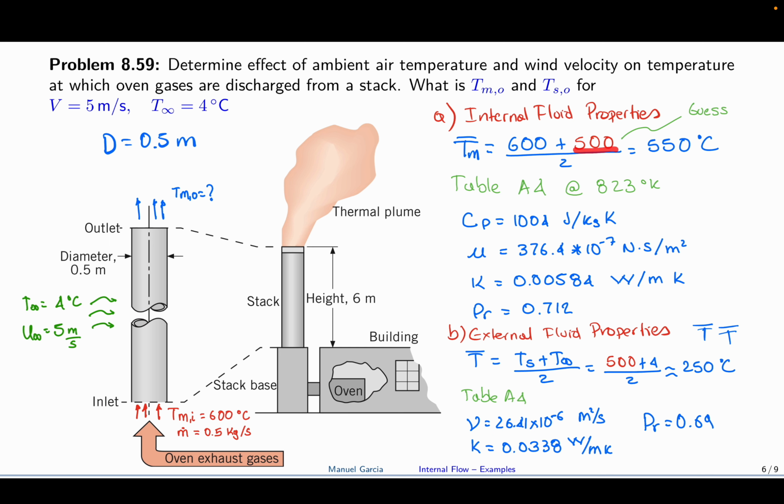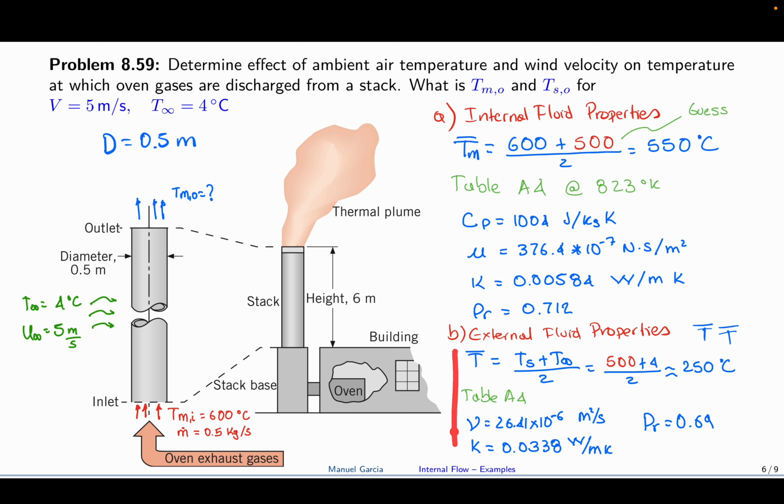So I put 500. In case the result is too different from 500, we have to come back to this point, put the temperature that we got, and compute the properties for this average of the mean temperature. With that, we go to the table at this temperature, which is equivalent to 823 Kelvin, and we compute the specific heat, viscosity, and copy the conductivity and Prandtl.